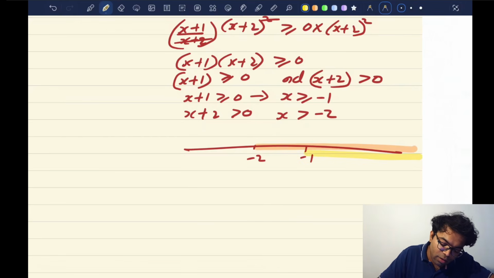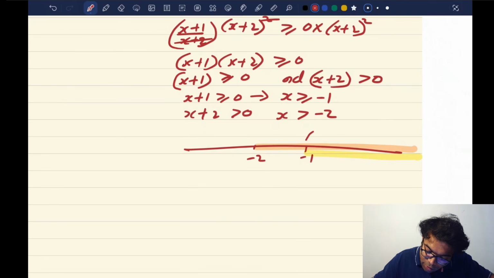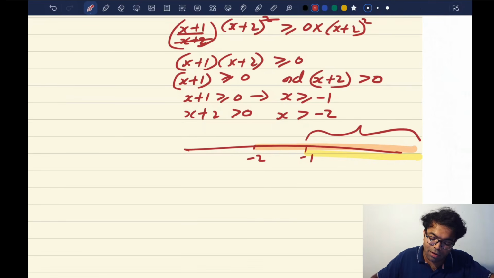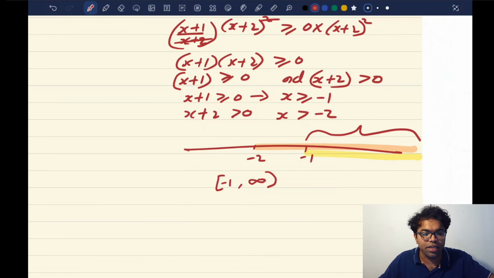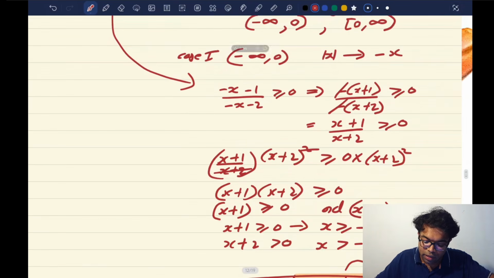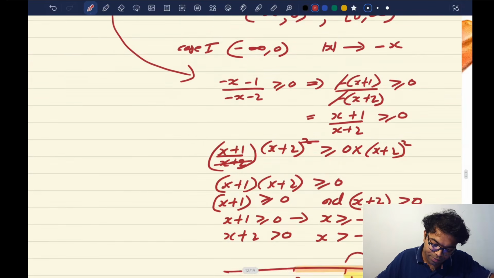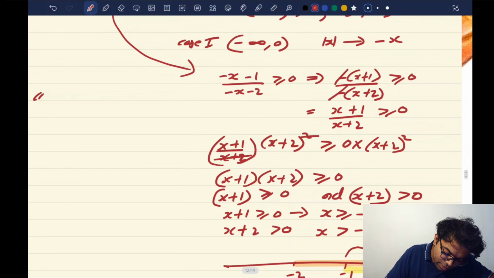So basically only one region is allowed. Only this region is allowed. So I can write it as closed bracket minus 1 to infinity. This is for the first case, Drupad. Clear? Next one. What happens if both are negative?